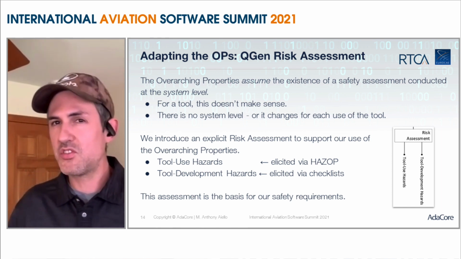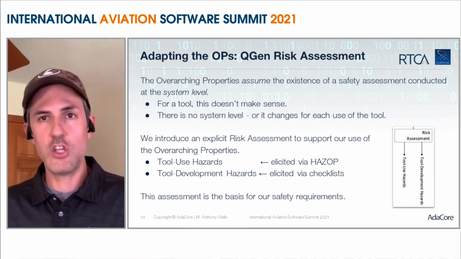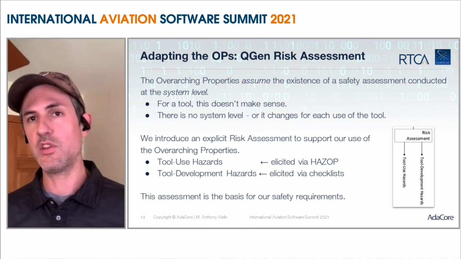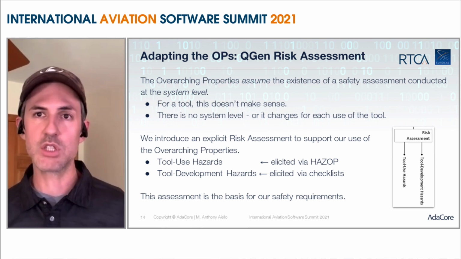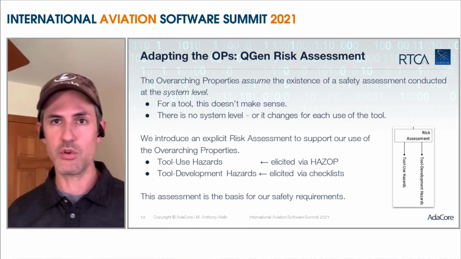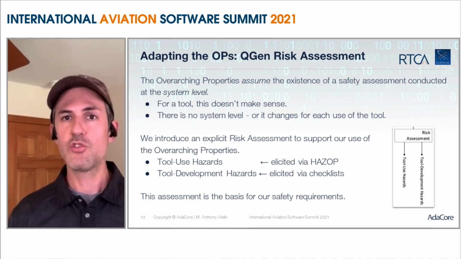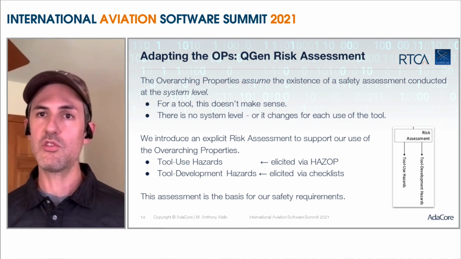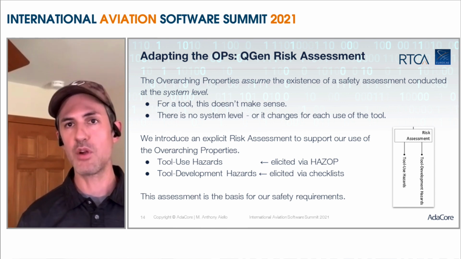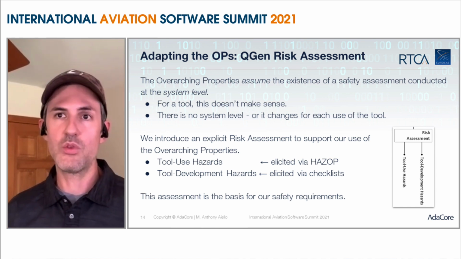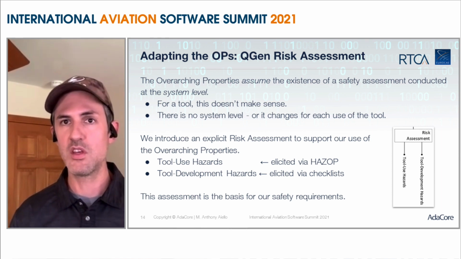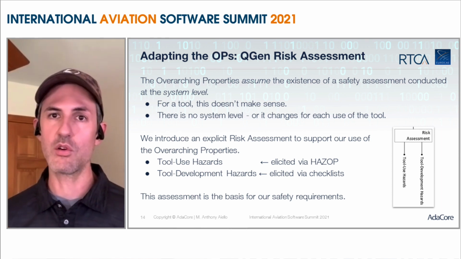There is no real system level if you consider QGen and its qualification. At best, there is the specific role of QGen in a given development process that is seeking certification of the software it will produce. So what we do is we introduce an explicit risk assessment to support our use of the overarching properties. In essence, this risk assessment stands in for the missing safety assessment that was originally assumed by the overarching properties.